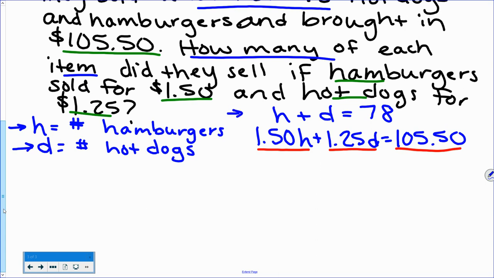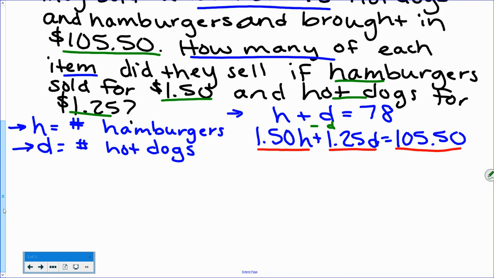So some students don't like that. It would also be pretty simple to get either H or D by itself to do substitution. So we got that going for us. Any requests? Let's do substitution.